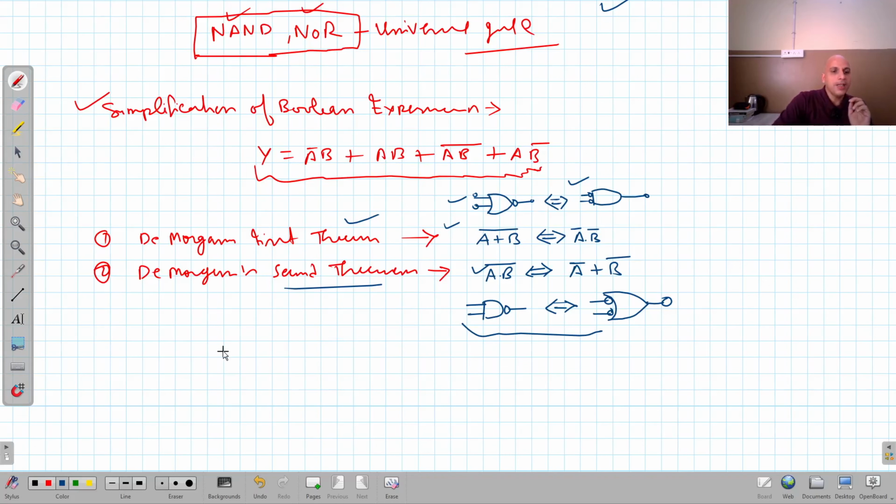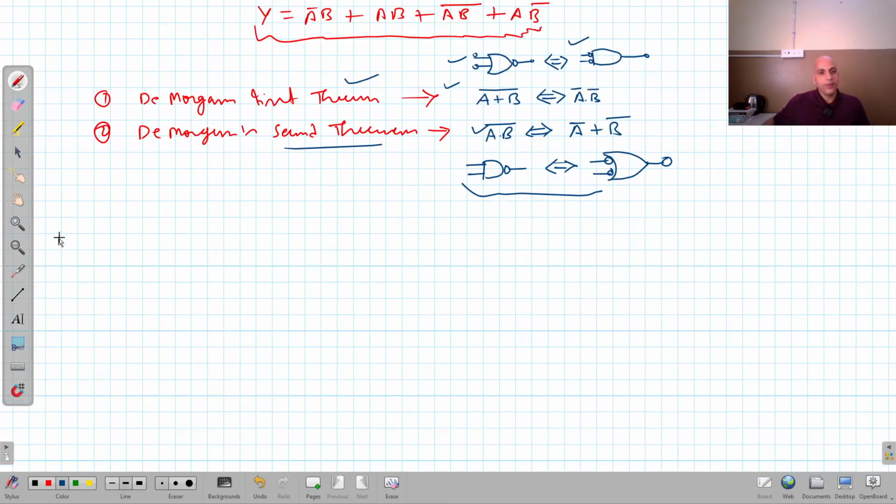Now we have some additional laws, right? I am writing them all one by one. First is when you add A plus 1, that will always give you 1. Why? Because if A is 0, then 0 plus 1 is 1, and 1 plus 1 is 1, right? If you write A into 1, an AND operation, it will give you A, right?